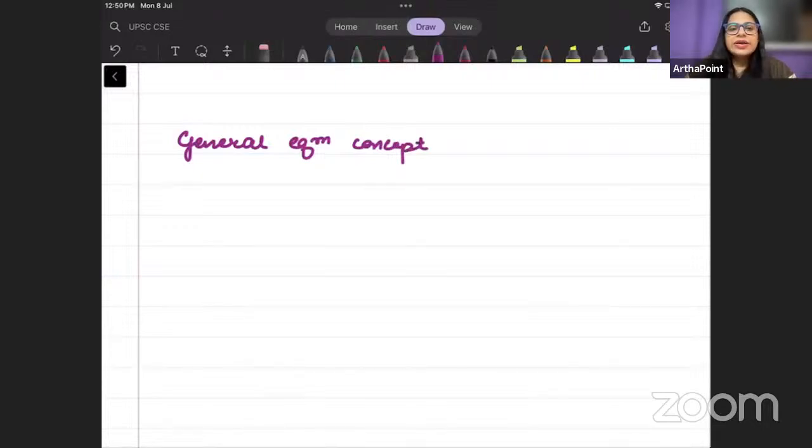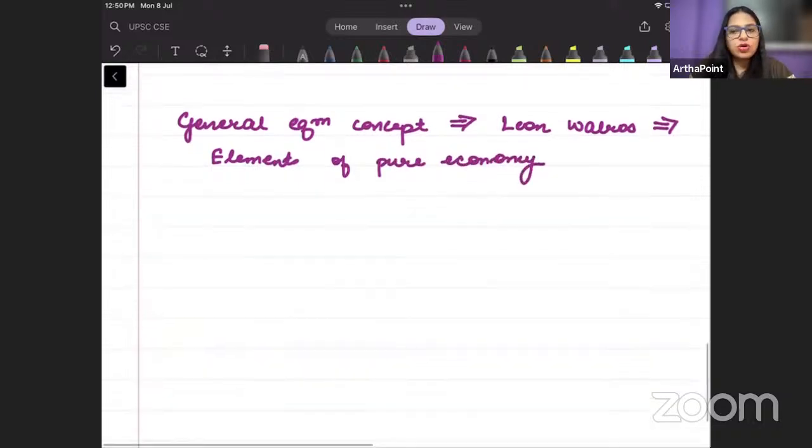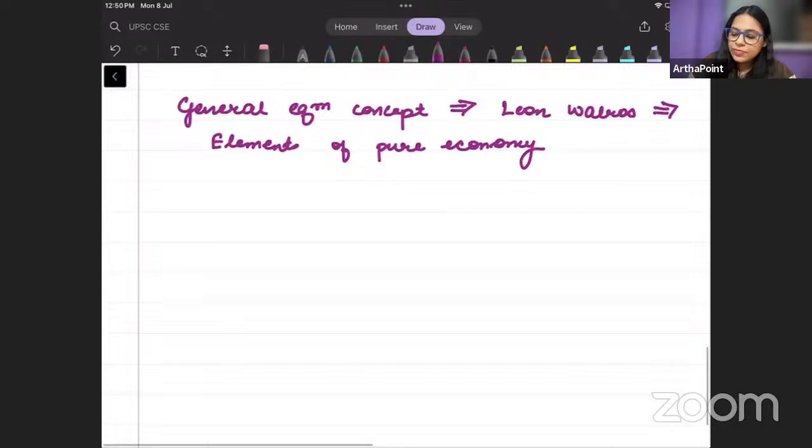This was actually given by Leon Walras, also called the Walrasian concept, right? It was given by him in his book called Elements of Pure Economics. He wrote a book, Elements of Pure Economics, and spoke about it there.